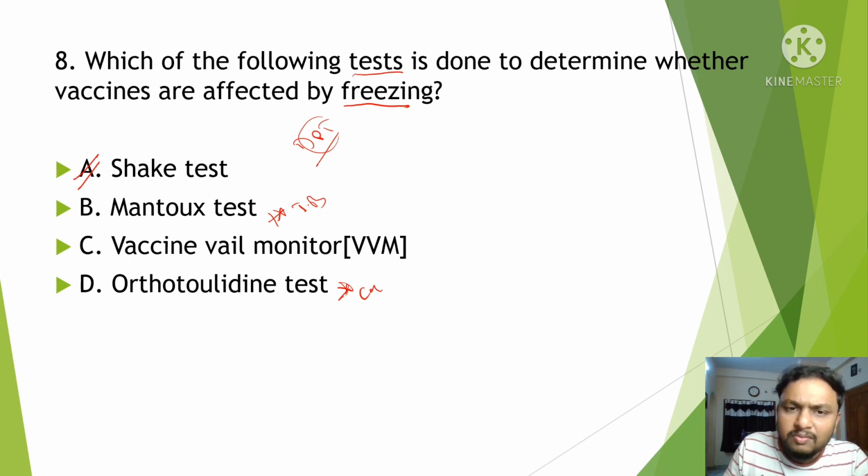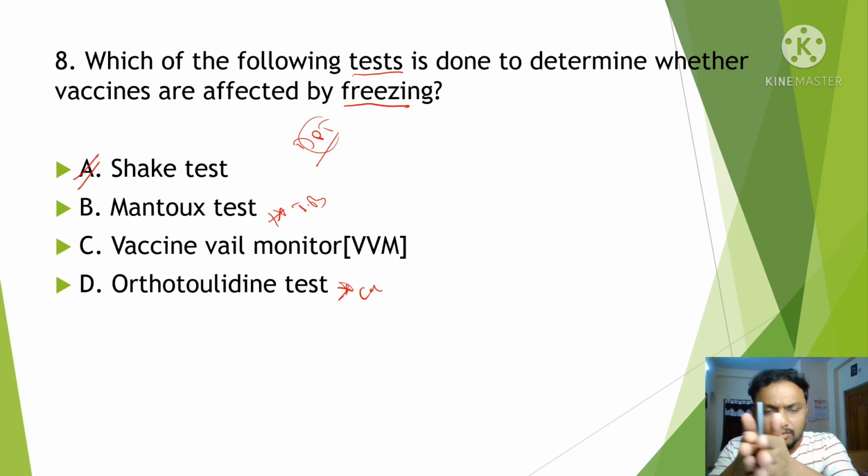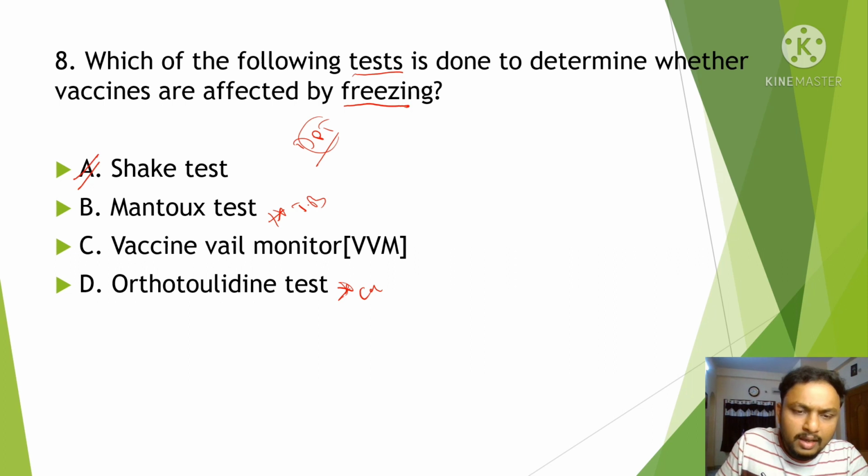The efficacy will go. So how will you check that vaccine vial? By shaking it. This is the shake test. Not like this, don't ever shake like this. Rub the vial like this and check. This is called the shake test. Your answer is shake test.